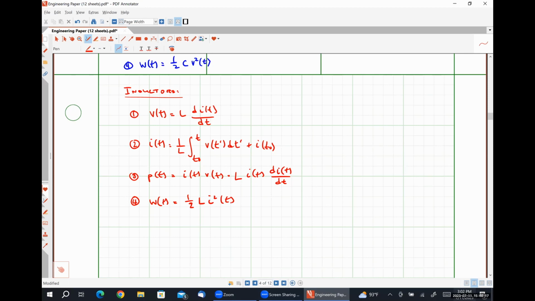So I'm trying to find current and I know voltage. Which one do I use? 2. Exactly right. So using relationship number 2, we would have IL of T is equal to 1 over L, so 1 over 47 millihenries. So that's going to be 47 times 10 to the minus 3 volt seconds per amp. Close this off here. Times the integral.